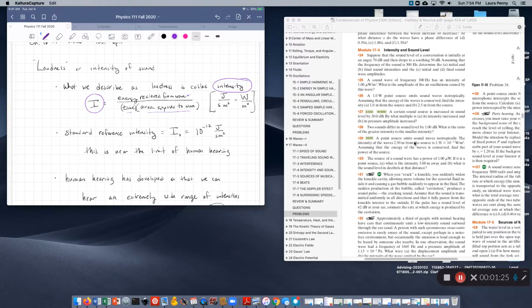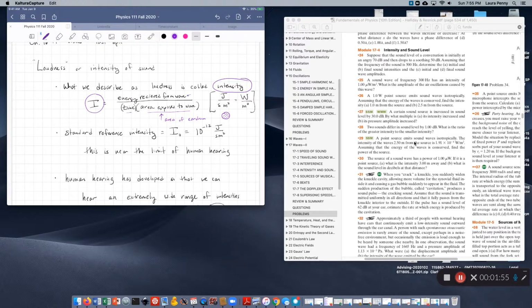From our hearing point of view, this is usually the area of the eardrum, which is a pretty small area just inside your ear. There's a drum in there, a little skin barrier that has a certain cross-sectional area, and that's what we're talking about.